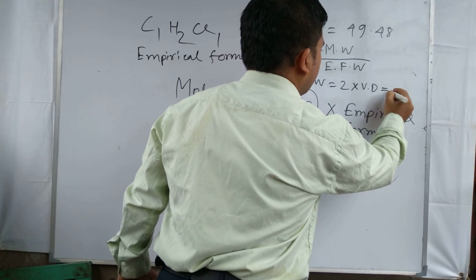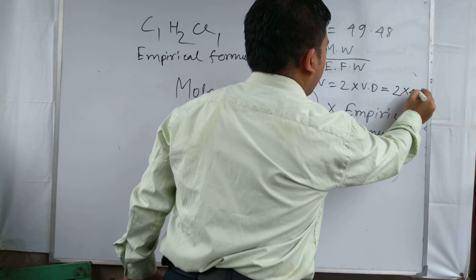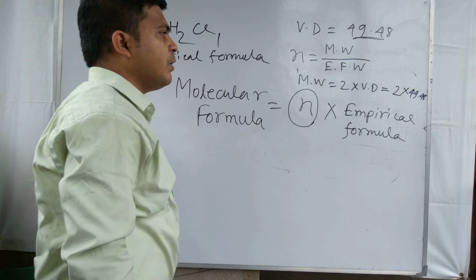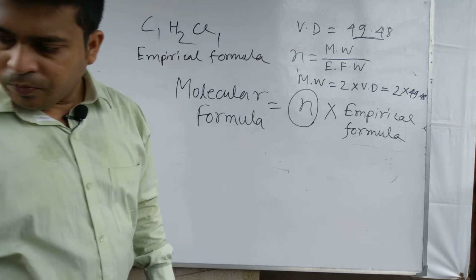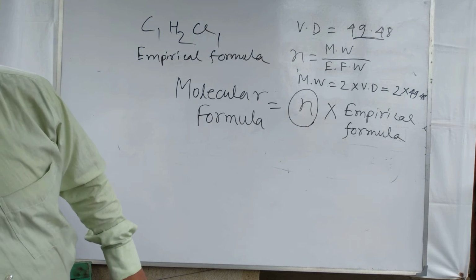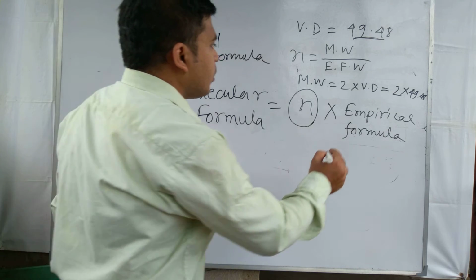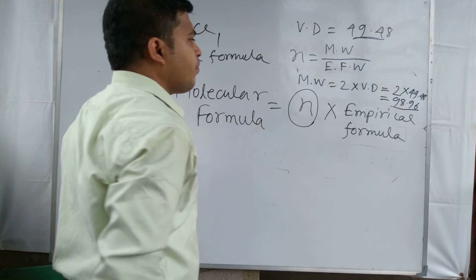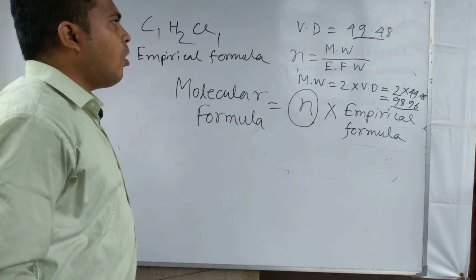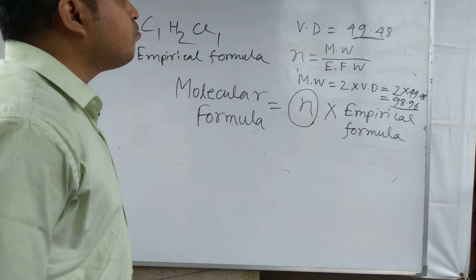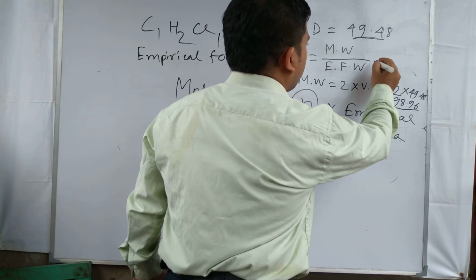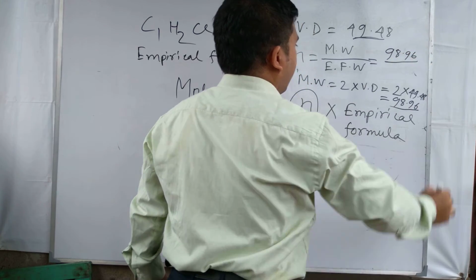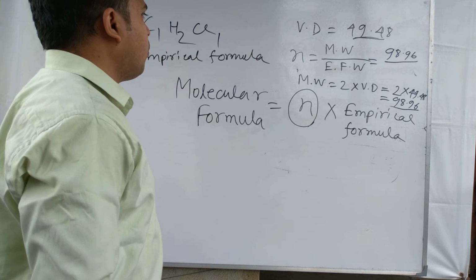The vapor density is given as 49.48, so the total molecular weight is 98.96. It is the molecular weight of the compound that is given to us.